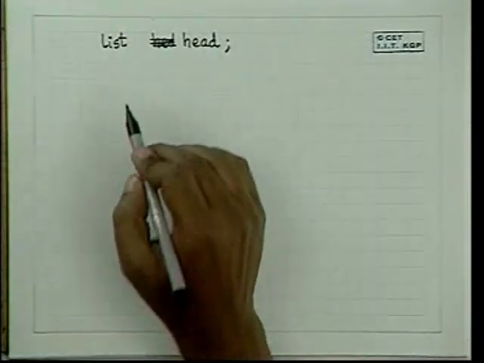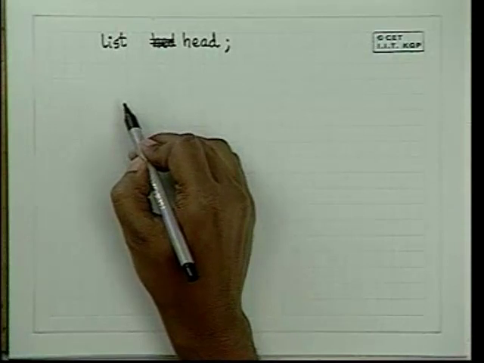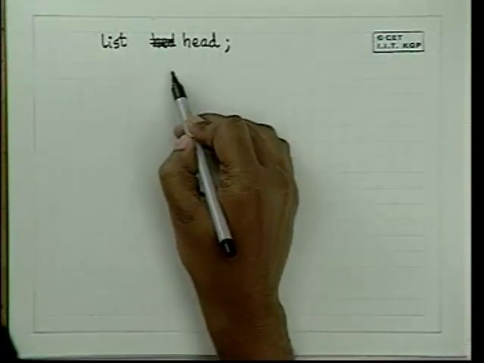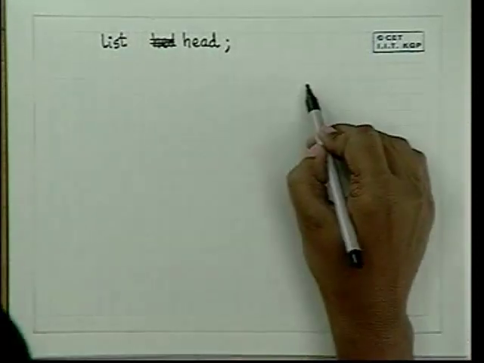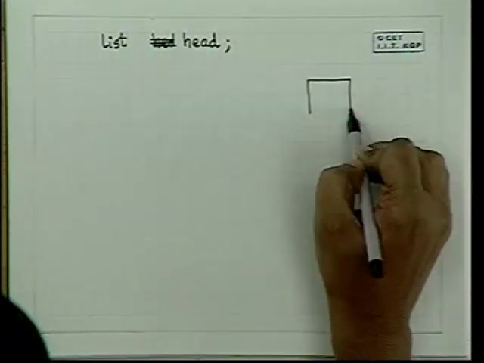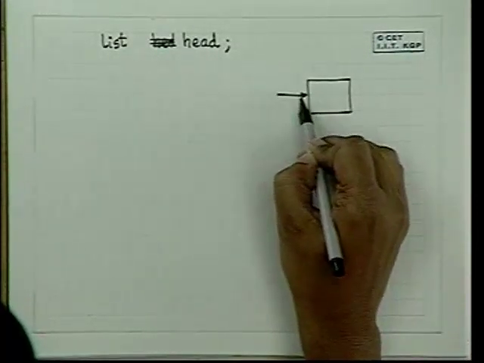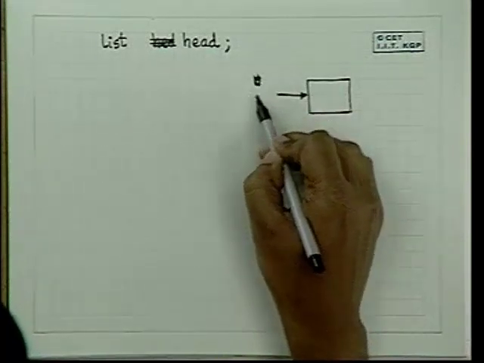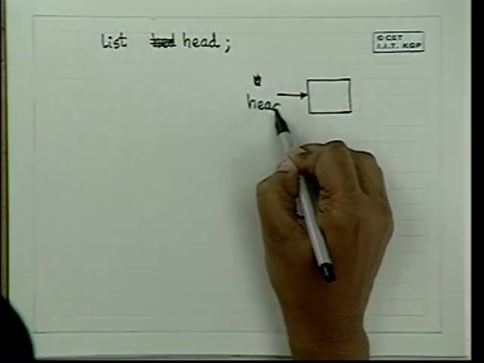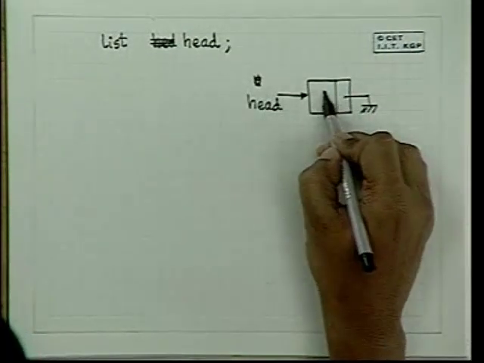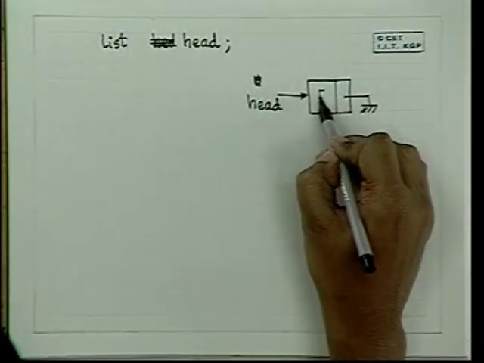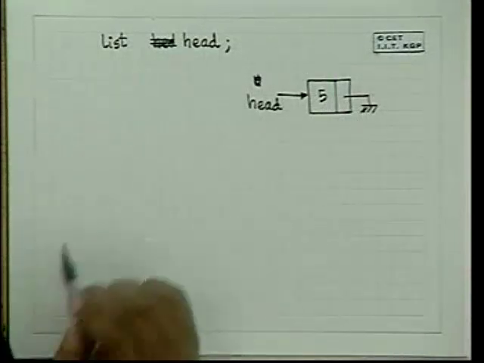And in the beginning, when the first element is read, what will we do? We will allocate one element for head of a list. So to allocate an element like this, where this points to head and this will be grounded, and you will read in your first data here, say 5, whatever is read in will be read in like this.